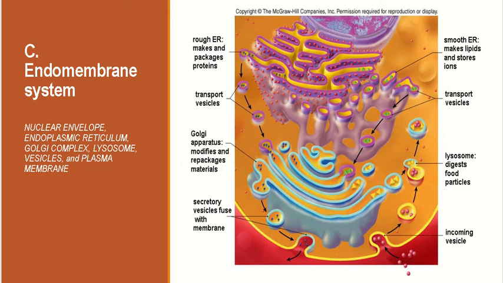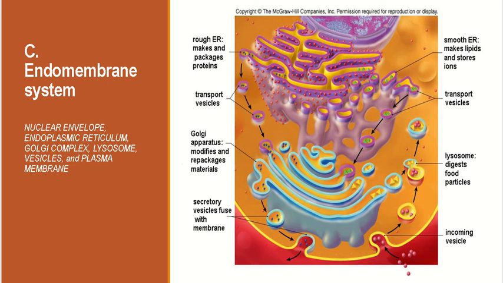Now, since the nuclear envelope or the nuclear membrane in this image is part of the endomembrane system, we must be introduced to this integrated network known as the endomembrane system.